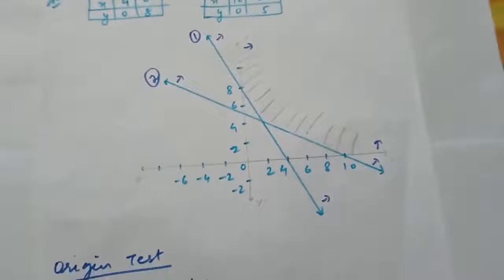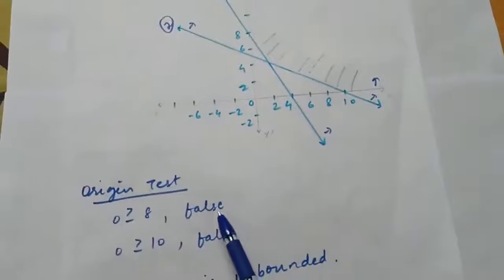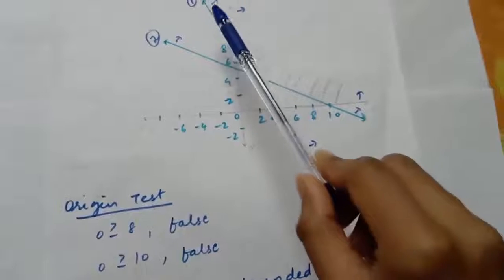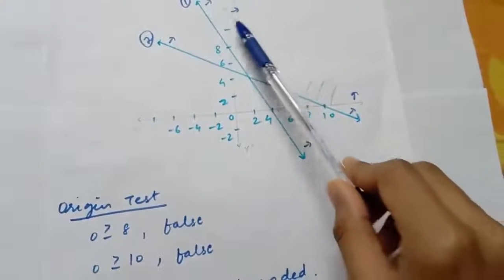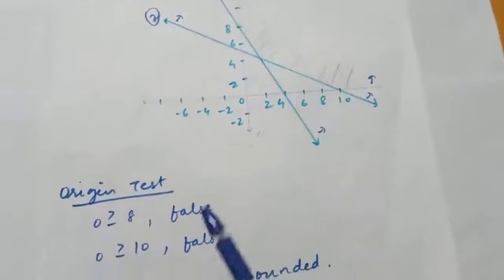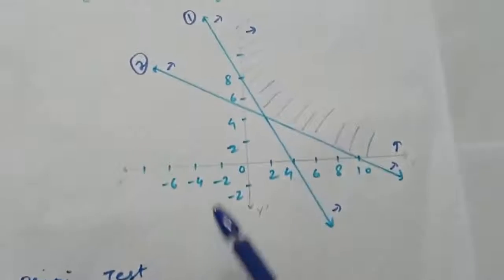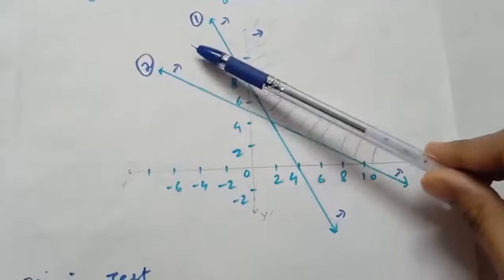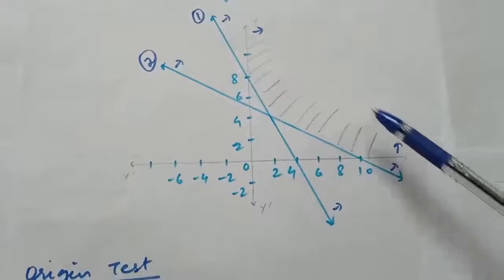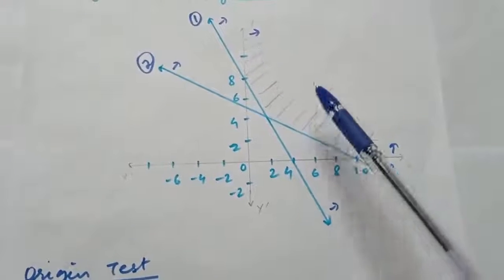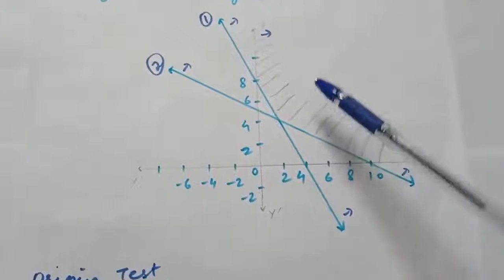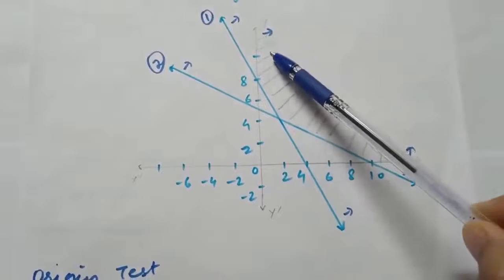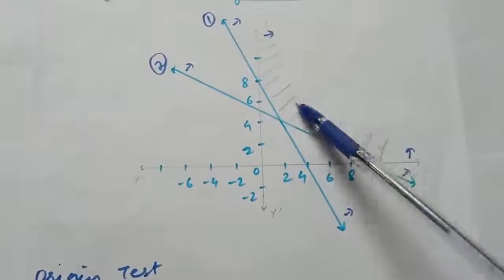Now see, the first line will not satisfy the origin test. Therefore, the solution will be away from the origin. And the second also does not satisfy. So, the solution will be away from the origin, right? And the solution will lie in the first quadrant. So, you will see the common region will be this part.